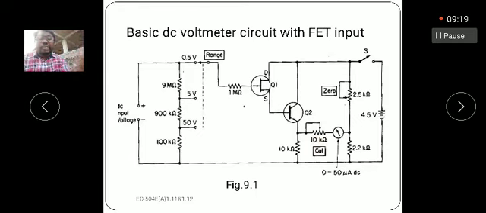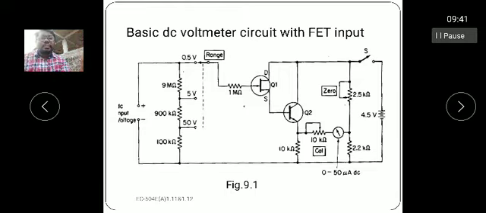This combination is capable of a 1000 or more increase in the impedance, while maintaining a voltage gain of very nearly 1. The input impedance of this meter is 10 mega ohms.